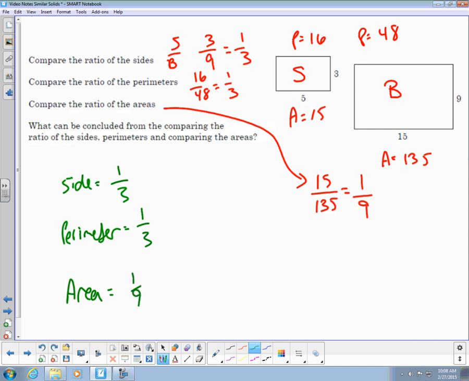And if you remember what we did first semester, this ratio is really 1 squared over 3 squared, because the ratio of the areas is the square of the side or perimeter ratio. Sides and perimeters are length measurements, and they're the same type of length measurements, so they have the same ratio. But area is in units squared, so the ratio is squared. So that's just a little remediation of something we did.